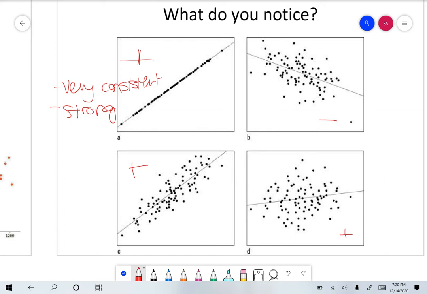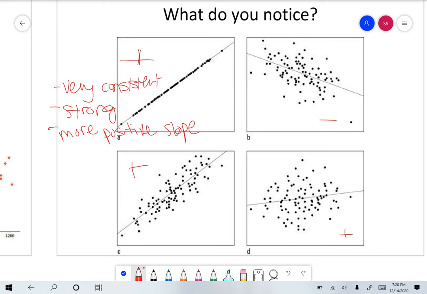And it also looks steeper, or I should say a more positive slope compared to like this one, for example. See how this one is that, the other one is more like this, right? That's what I mean by a more positive slope.